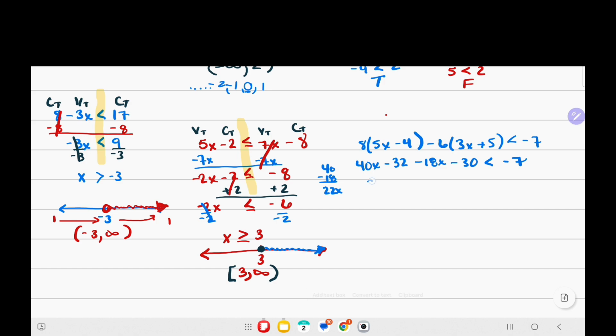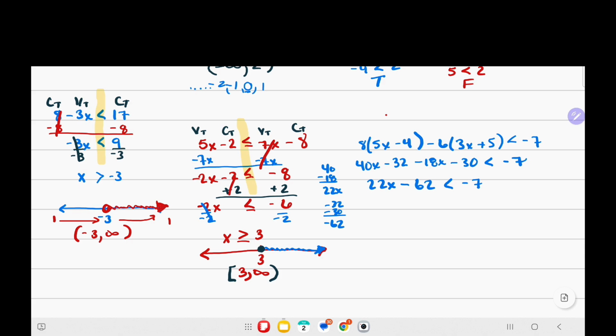So that'll be 22x. And then we have -32 and -30. So just combine it, -32 and -30. And we get -62 when we combine. So because that's negative, it's fine to say -62. Less than -7.